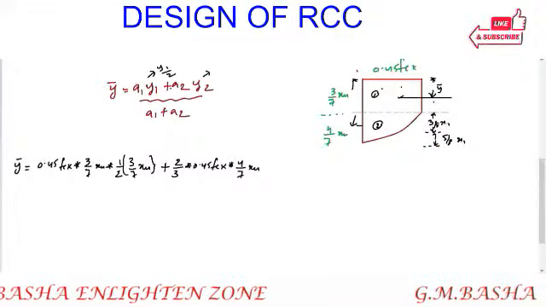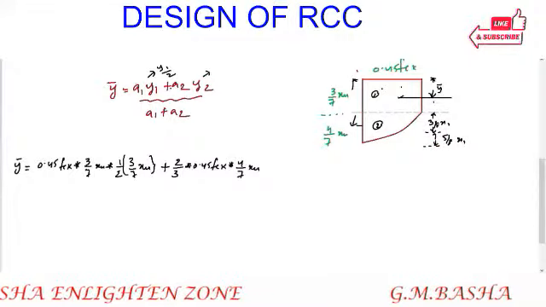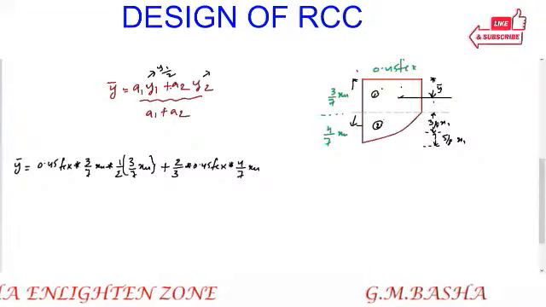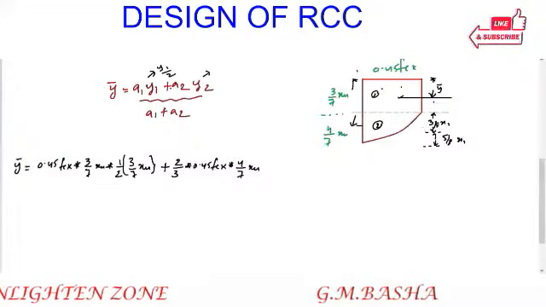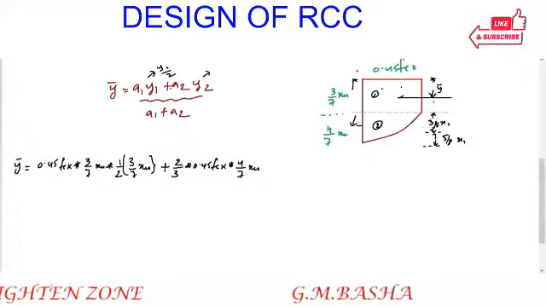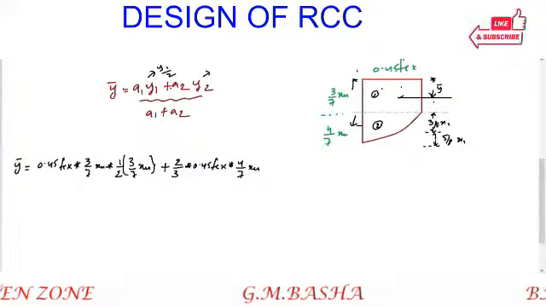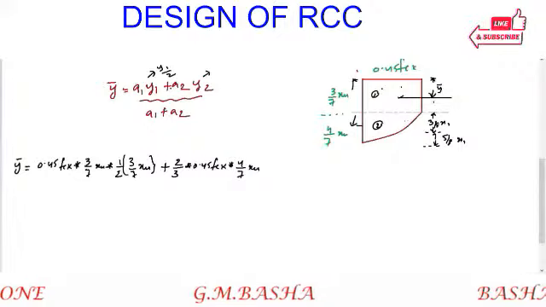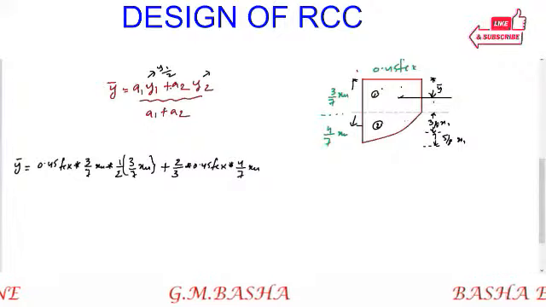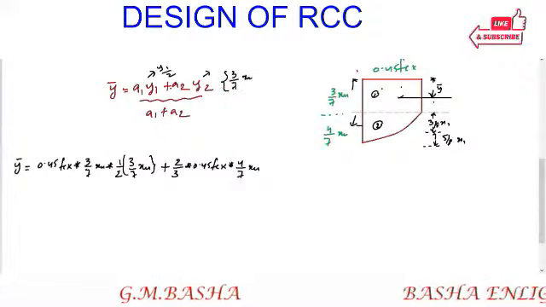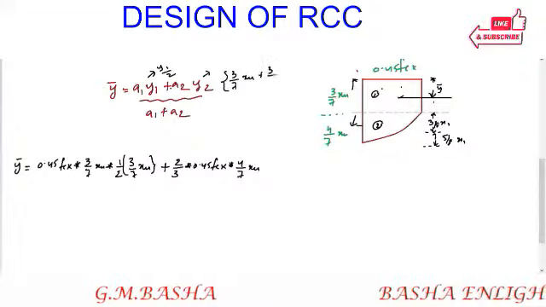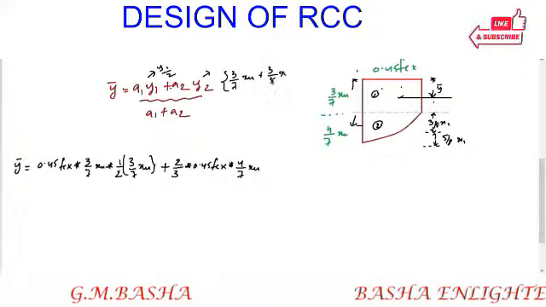Remember that one: 3 by 8 x1 and 5 by 8 x1, meaning the center for the parabolic portion will be at 3 by 8. From here we have to find it taken from the top. So this overall distance will be 3 by 7 xu from here to here, and again up to the center position, that is 3 by 8 x1. So this y2 value will be equal to 3 by 7 xu plus 3 by 8 x1.